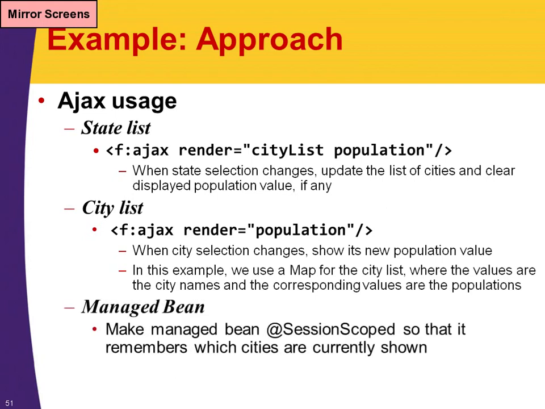And then on the server side, the managed bean, remember, each one of these is considered a separate request, an HTTP request, so that it remembers, okay? You could either make it view scoped possibly, or conversation scoped if you want to be fancy about it, but session scoped will handle this easily. Meaning, in between these requests, don't forget what you just did.